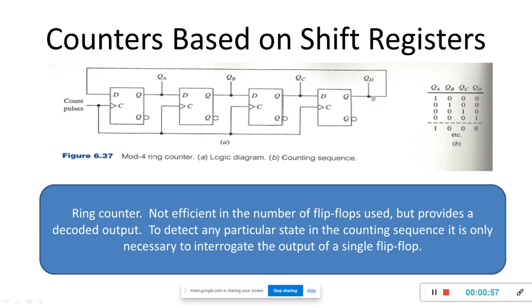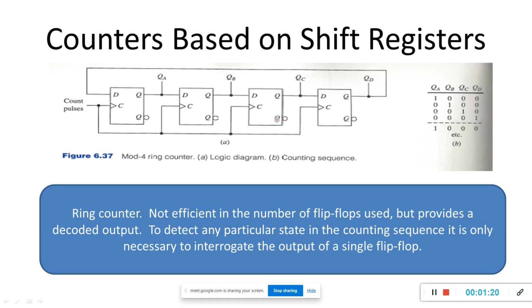The QD output is connected back as an input to the leftmost flip flop. Flip flop 1, flip flop 2, flip flop 3 and flip flop 4. How many flip flops are there? 4 flip flops. It is a D type flip flop.